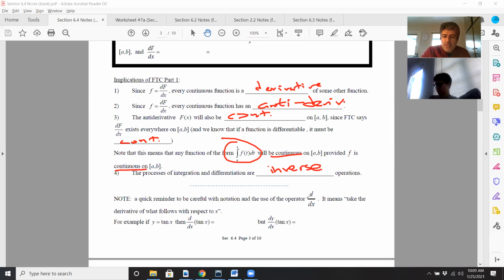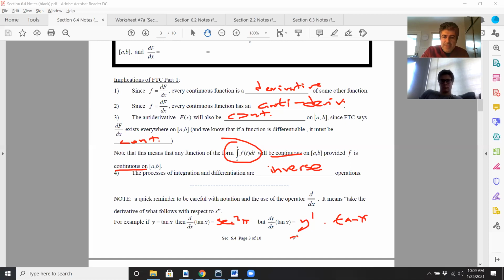And remember this notation, the d/dx, that is actually a derivative operator. So remember, when we saw d/dx of something, you just took the derivative. In this case, that was like secant squared, right? But remember that this is a totally different thing. This is actually y prime times tangent x. And y prime, of course, if your y is tan x, would be secant squared x times tan x.